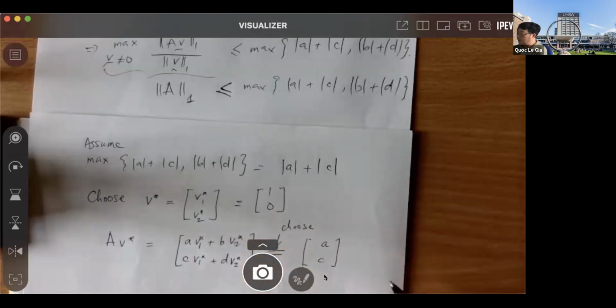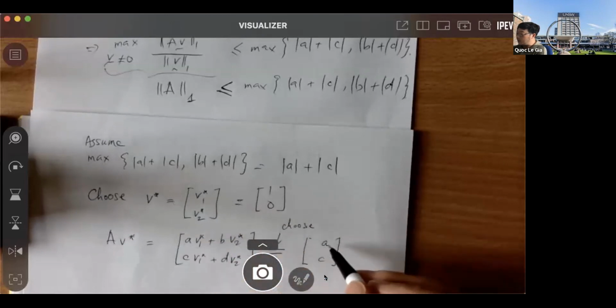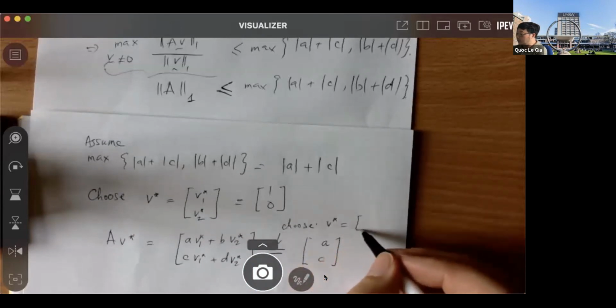Then this gives you 1 here, 0 here, so it gives you A and C. So choose V star equal 1, 0.